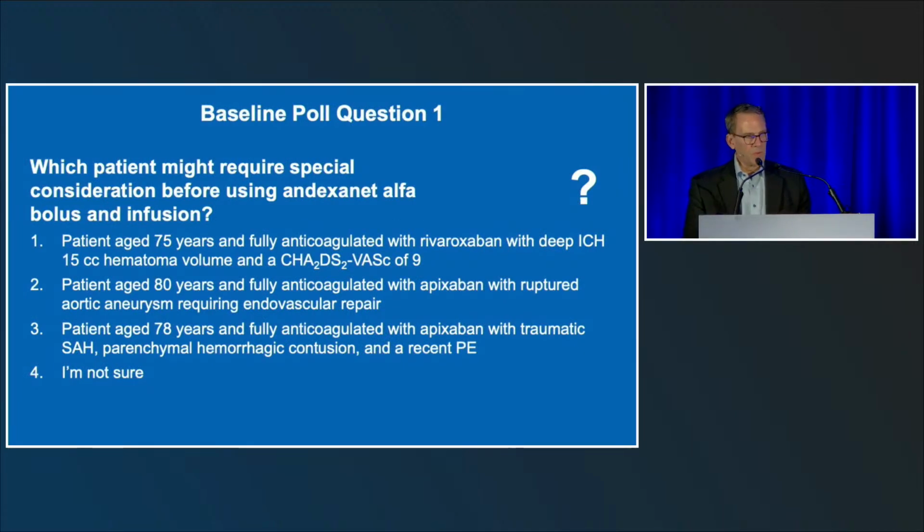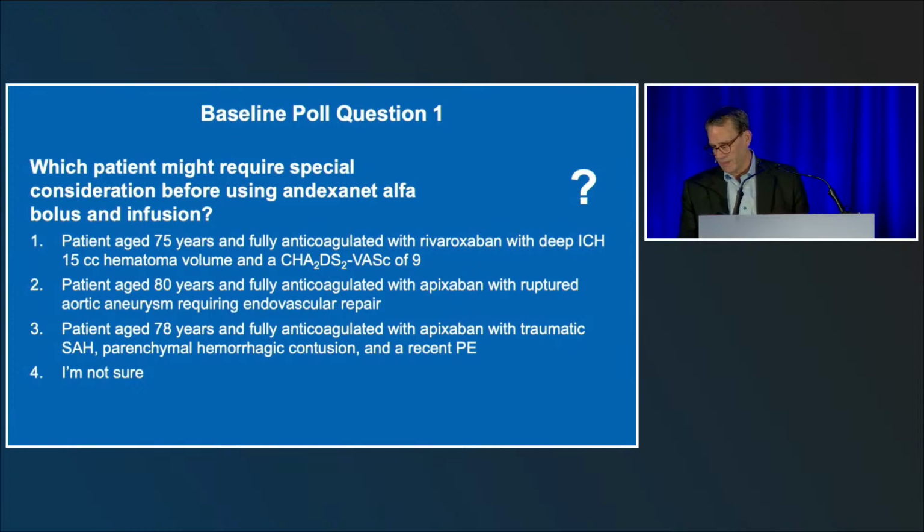And here's the first poll question. Which one of the following patients might you have a special consideration for using the FDA-approved reversal agent for factor Xa inhibitors, andexanet alfa? A patient, 75 years old, fully anticoagulated with rivaroxaban with a deep ICH, a 15 cc hematoma volume, and a high stroke risk, CHA2DS2-VASc 9.